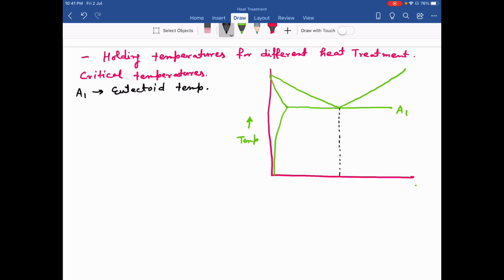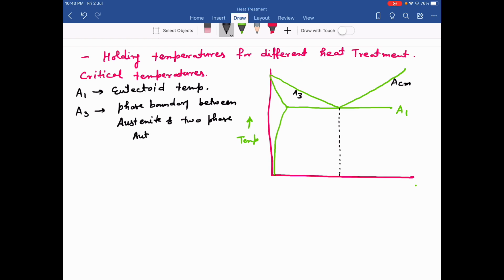Okay. Now I have another temperature range along this line, that is my A3. This temperature range is my ACM. Okay. Now this temperature range of A3, that is along the phase boundary between austenite and a two-phase region, that is austenite plus ferrite.